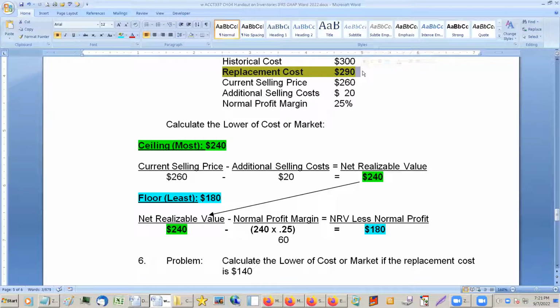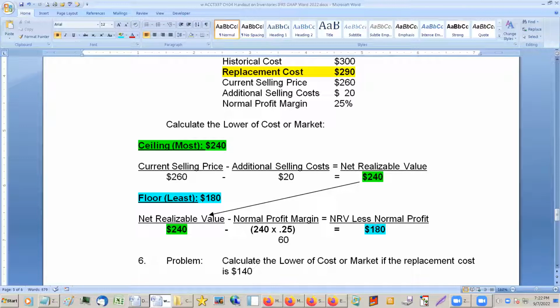Oh, come on, guess. Be wrong once. So we're comparing the replacement cost to our ceiling and our floor. The ceiling is the most it can be, the floor is the least it can be. Would it be the 240? One way to think about it is it's always going to be the one in the middle.